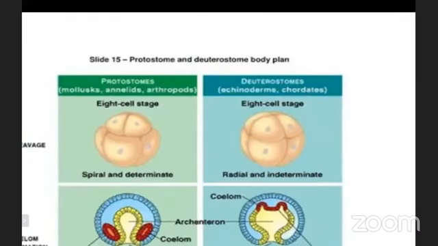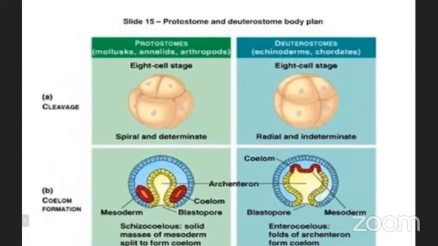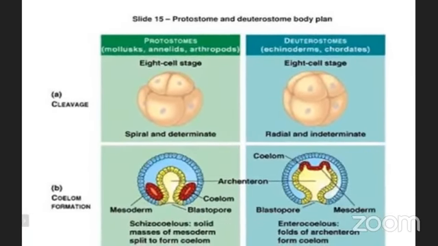This is about the protostomes and this is about the deuterostomes. Protostomes means schizocoelomates and deuterostomes means enterocoeloms. Spiral and determinate. Spiral means the cleavage looks like a spring-like structure. Radial means you can see the cells arranged in a radial manner.